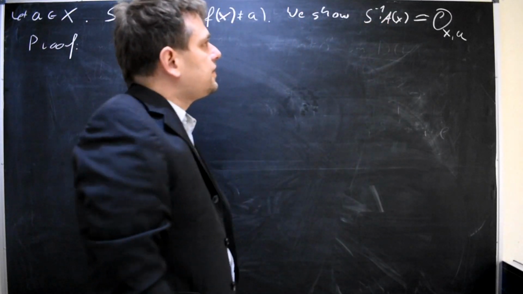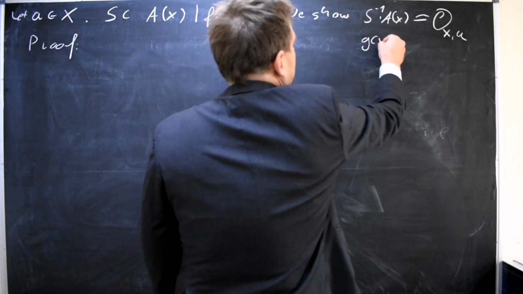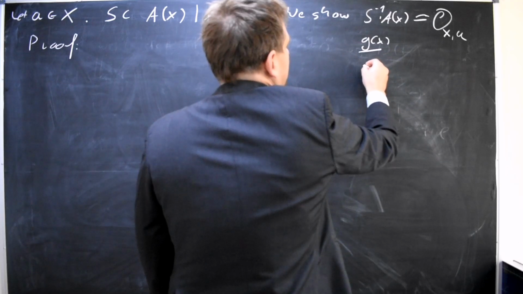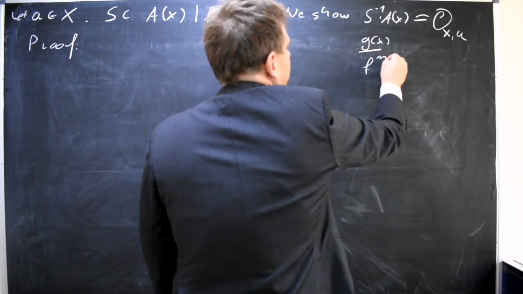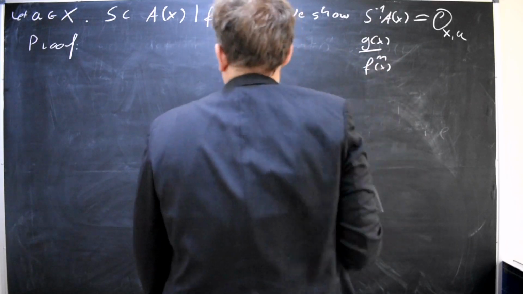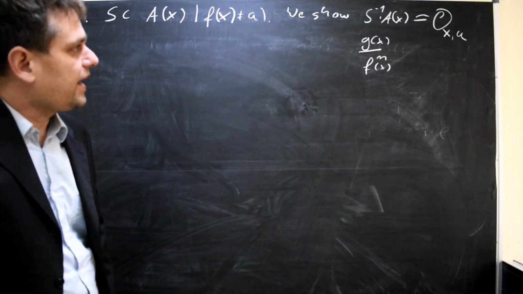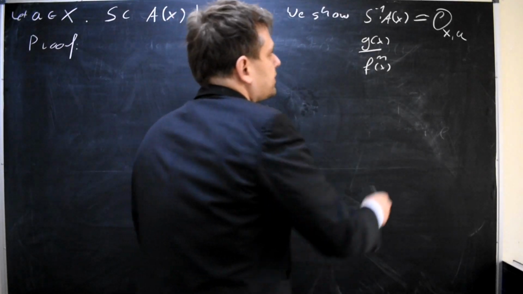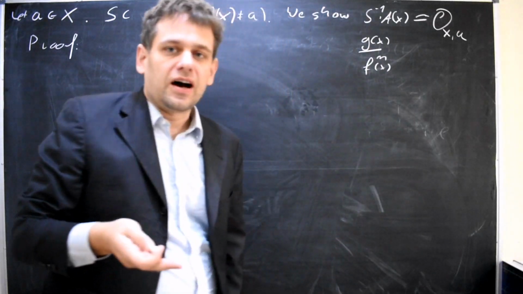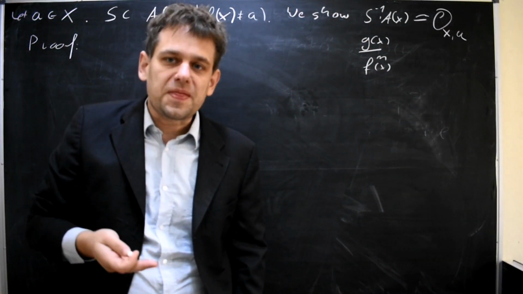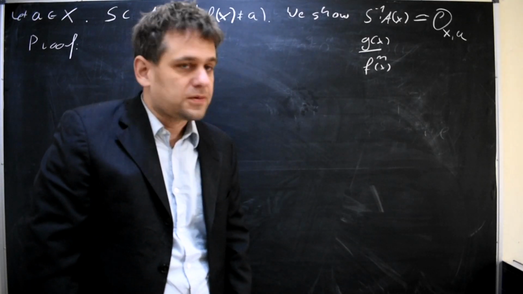The elements of the localization are formal fractions of the form some polynomial g divided by some power of a polynomial f, where f is from this set S. And of course the regular functions are by definition such that locally you can express them as quotients of polynomials.